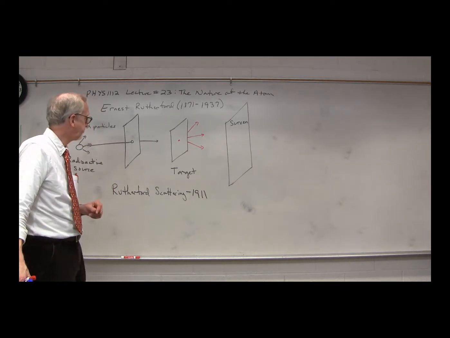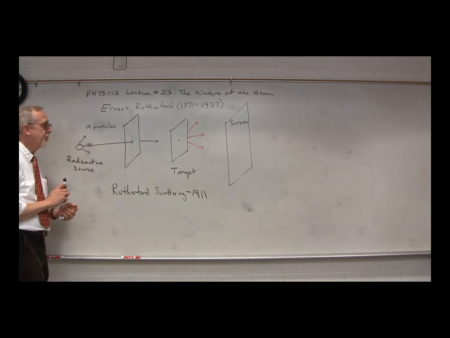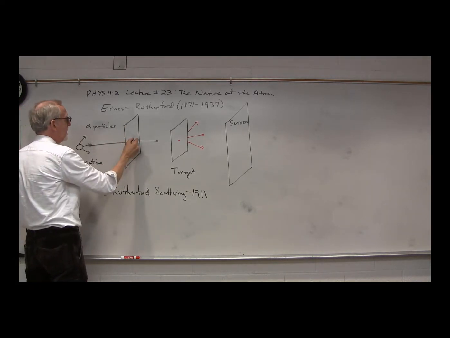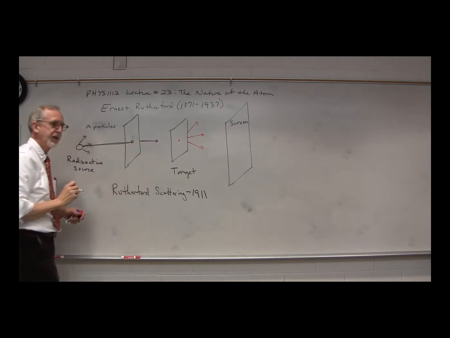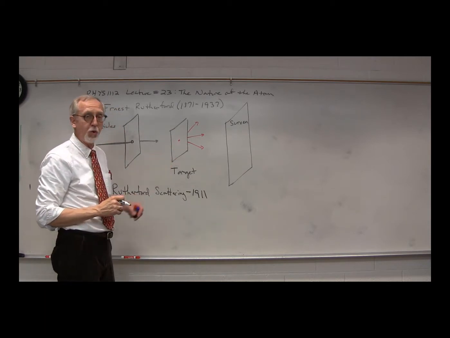So remember that. So giving off these alpha particles in all directions, the beam was collimated by having a lead screen with a small hole in it here, which would only allow alpha particles to go in a particular direction. They would then strike a target, sometimes gold foil was used.